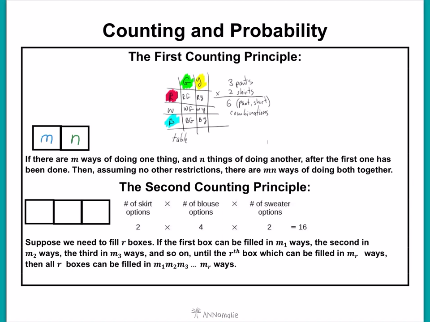In this case, for the number of skirts, blouses, and sweaters, we can say that we have 2 times 4 times 2 different options. And this then is the first and second counting principle.